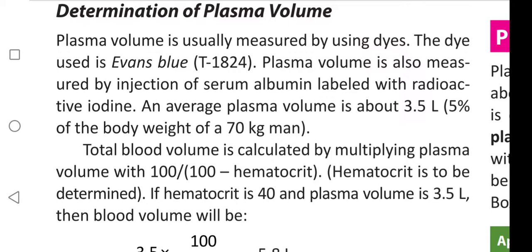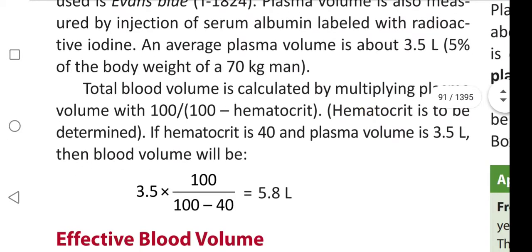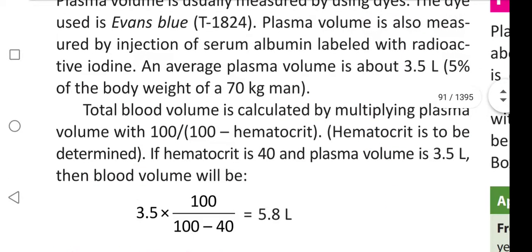Total blood volume is calculated by multiplying plasma volume with 100 by 100 minus hematocrit. Hematocrit is to be determined. If hematocrit is 40 and plasma volume is 3.5 liters, then blood volume is plasma volume into 100 by 100 minus hematocrit.